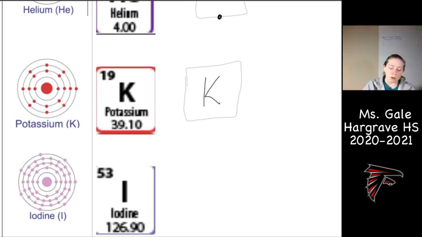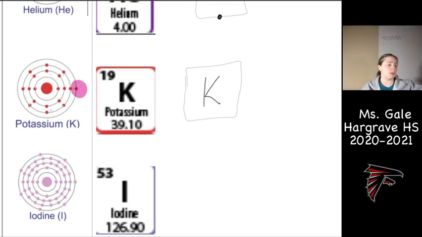Why do I want to draw all of these little dots when I really don't care about them? All I care about is this pretty little one on the outside. That is the only one I care about. So potassium is in group 1A.